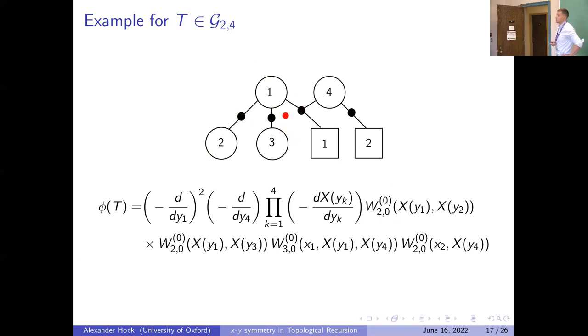This vertex is of valence 3, so we have W_{0,3}, which is connected to 1 white square vertex, x_1 here, and to capital X of y_3 because it's connected to this one, and capital X of y_4 for this one. And the last one is W_{0,2}, because it's connected to x_2, the square white vertex, and the round white vertex, capital X of y_4. So does this example make sense?